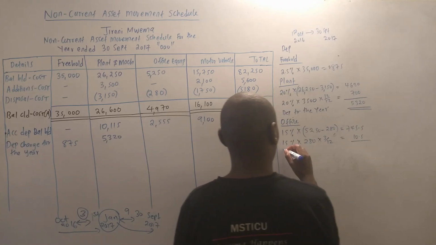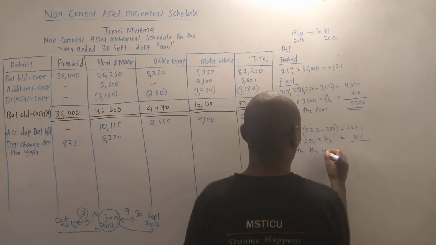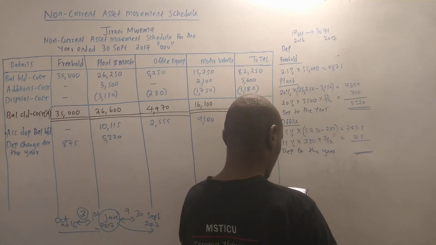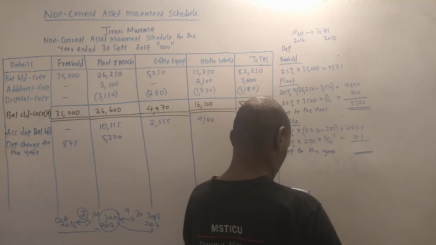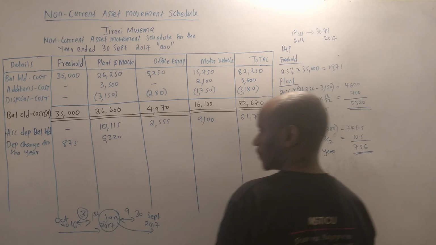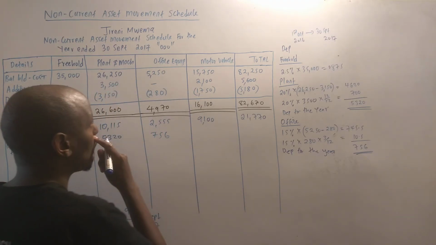So depreciation for the year was 745.5 plus 10.5, that is 756. So 756.